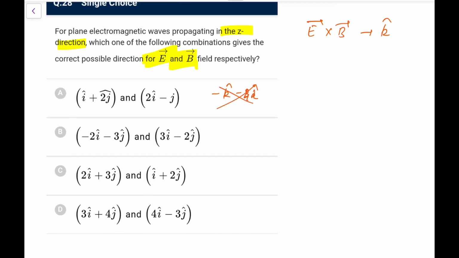Generally z we take as plus k, so I am not taking it. Now 2i, 2j, i cross j would be k, minus will cancel up, 4k, and j cross i is negative, but minus will become plus 9k cap, so it is along k cap, so option B will be the right one.